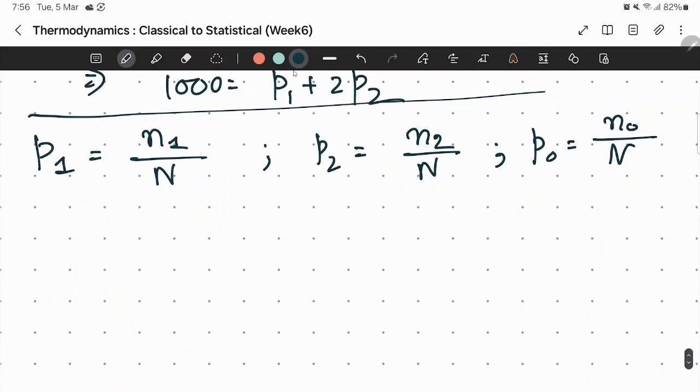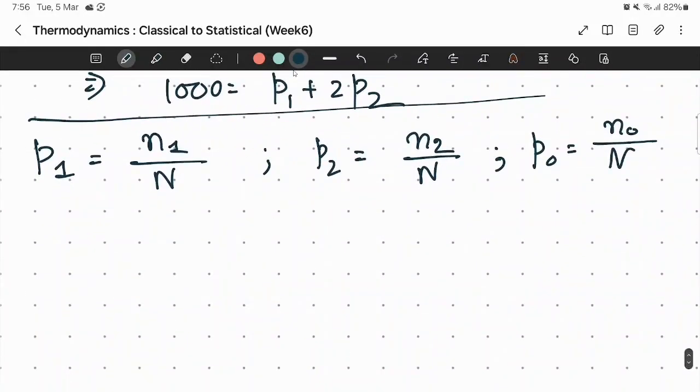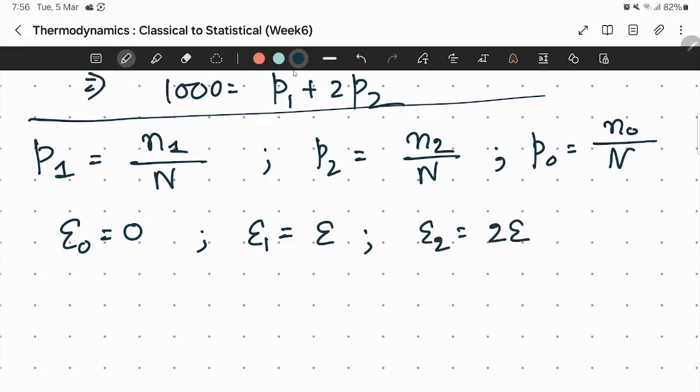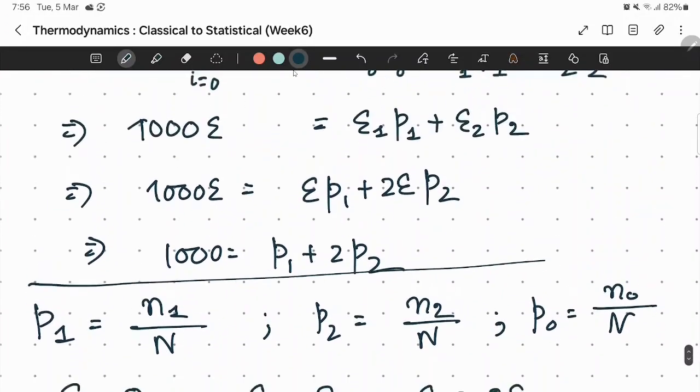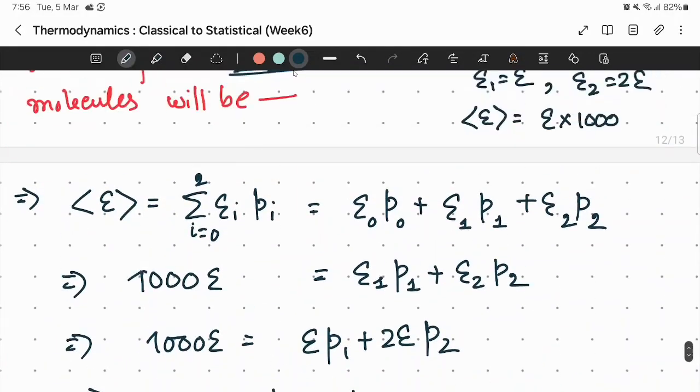So this is N1 by N and this is N0 by N. Now we have E0, that is 0, E1, that is epsilon, and E2, that is 2 epsilon. Something is wrong. Sorry, yes, I see.